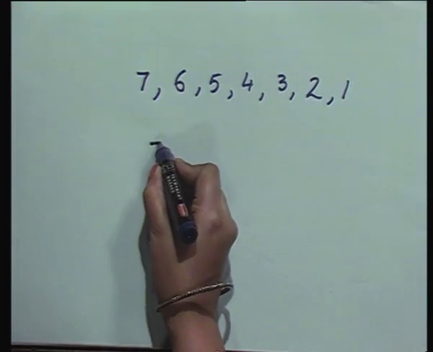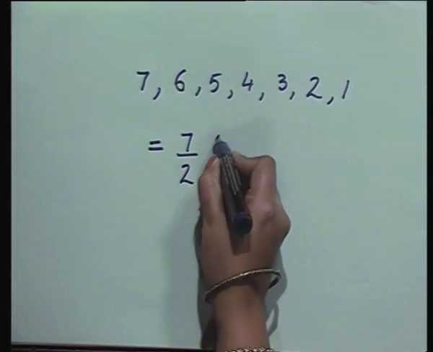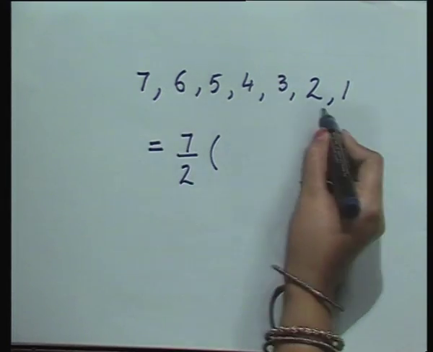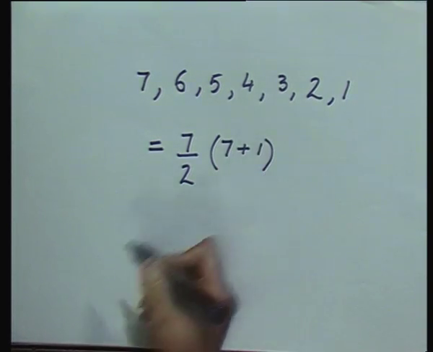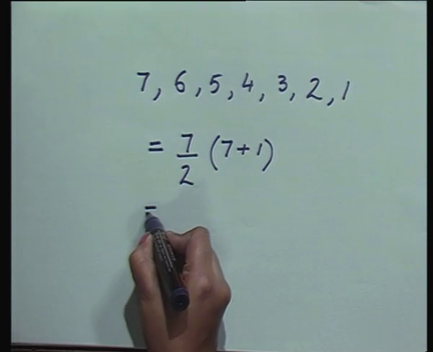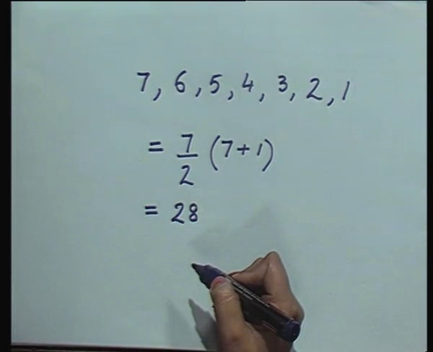And therefore, the total number of blocks required will be the sum of the total series, and therefore, it is going to be n by 2 into a plus l, since we know the last number as 1, and therefore, you will get the total number of blocks as 28.